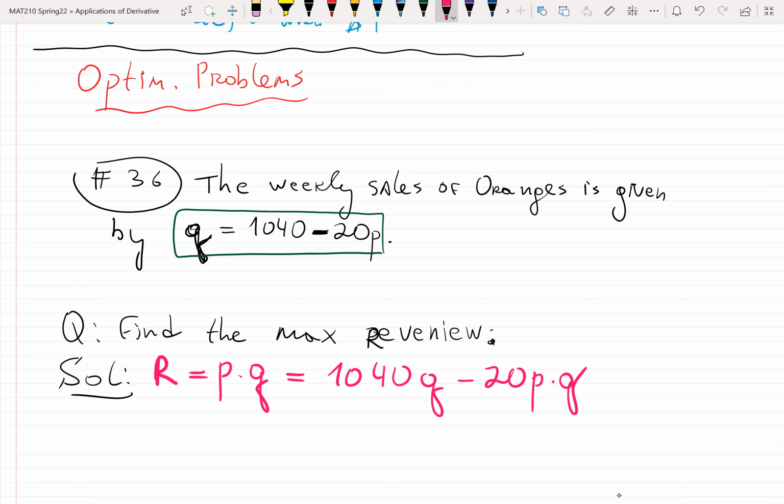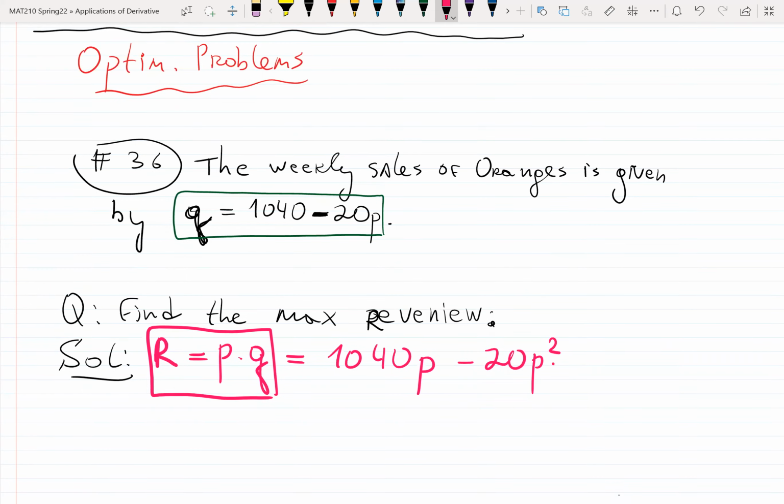Multiply by the other variable. So if Q is given, multiply by P. If P is given, multiply by Q. Done. That is my revenue. Because it's always the same idea. Revenue is the number of units you sold multiplied by how much money it costs per unit. It makes sense. If you sold 10 cups at $2 each, your revenue is $20.